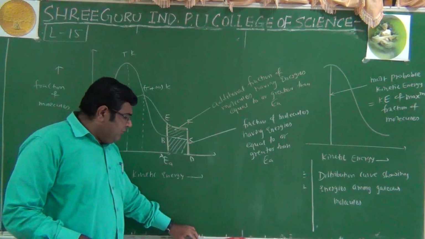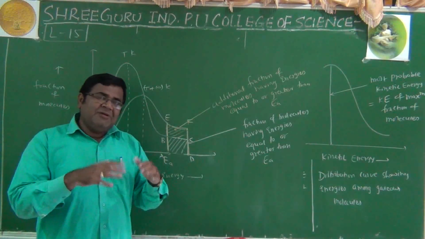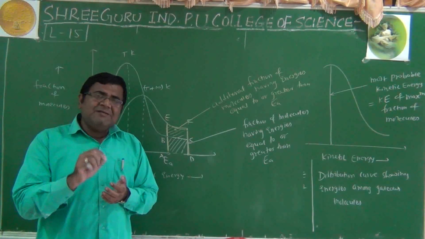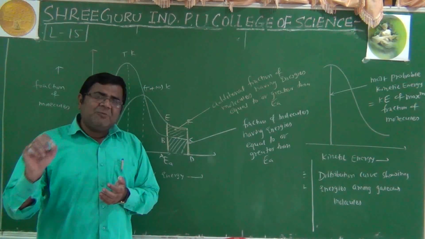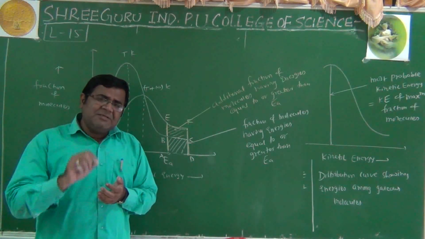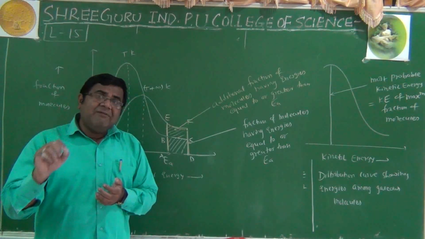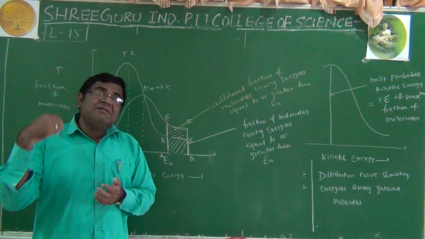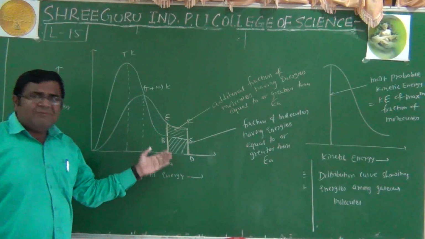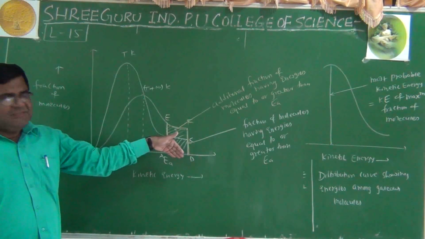As the number of activated molecules increases 2 times, the rate of reaction increases by 2 times. Increase in temperature increases the rate of reaction because the number of activated molecules increases. What I have said is just reflected by this graph.